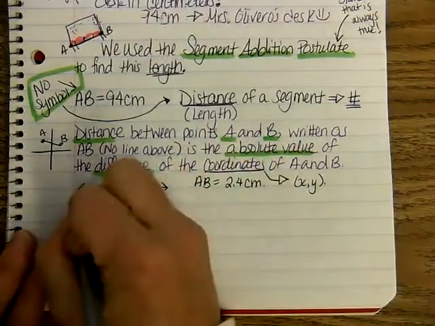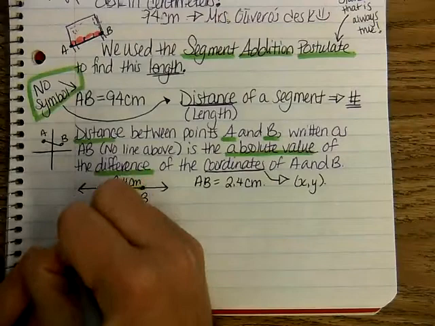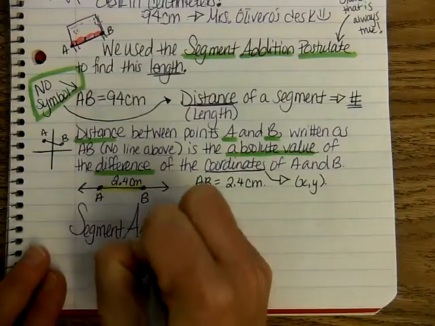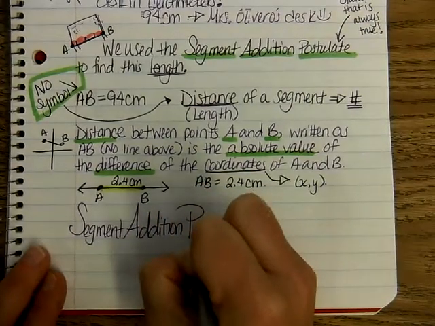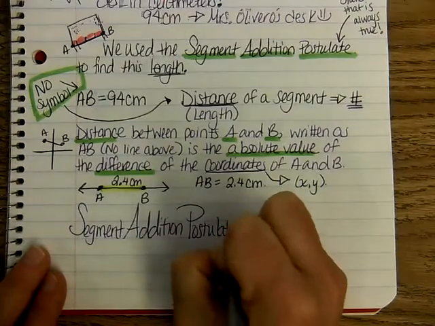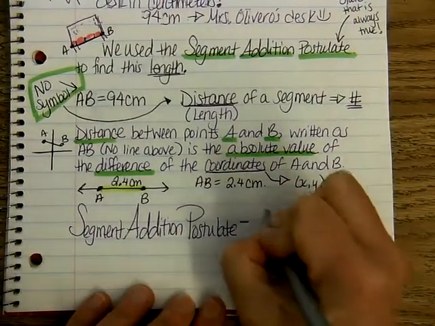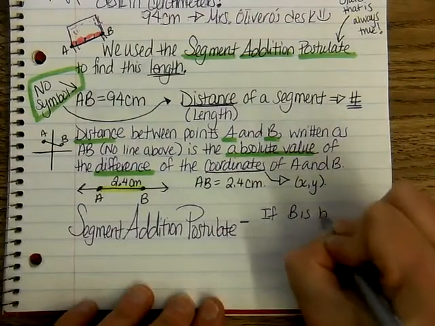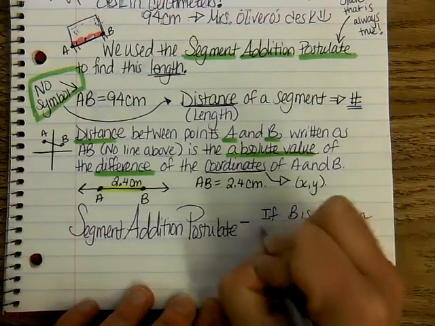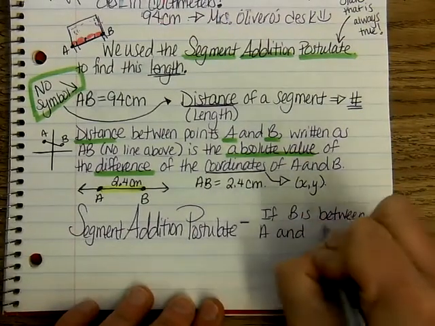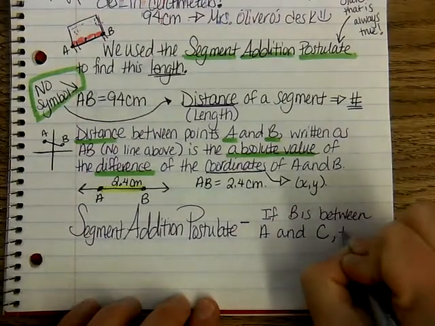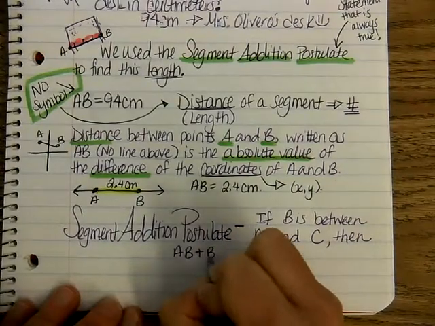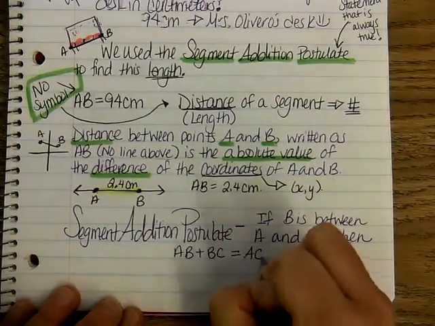All right, so the segment addition postulate in very formal words says that if B is between A and C, then AB plus BC must equal AC.